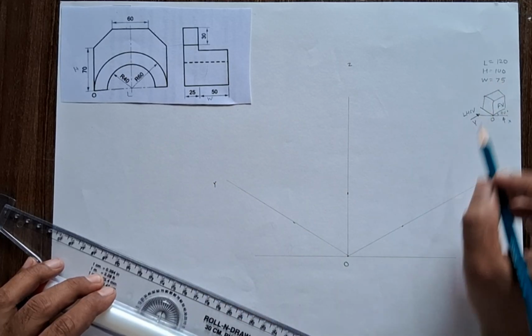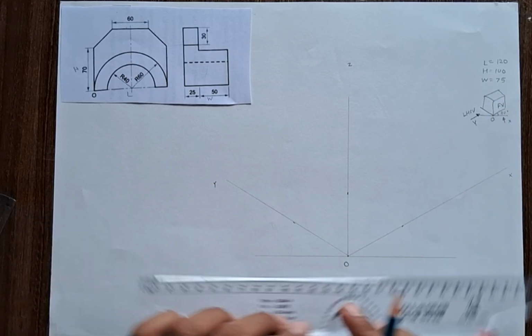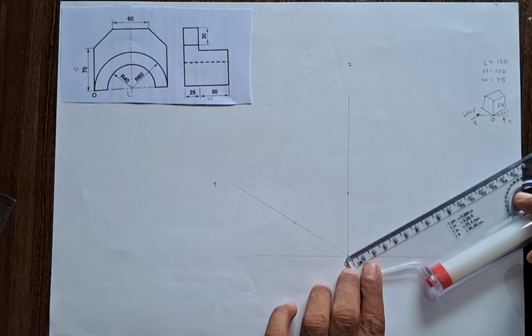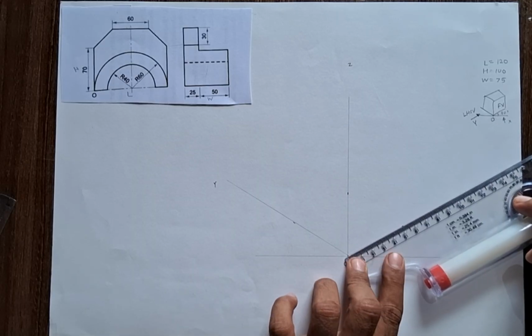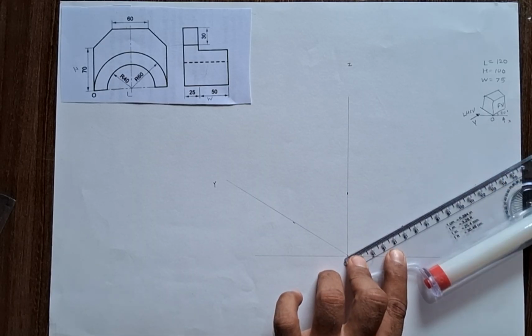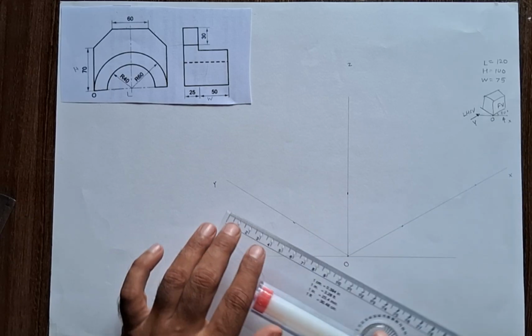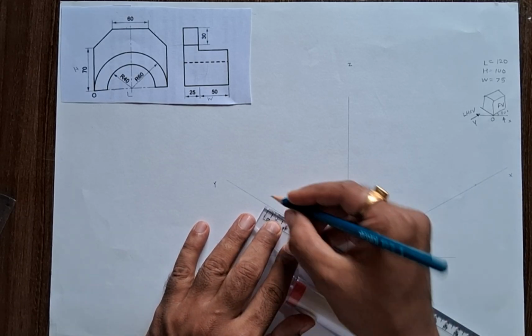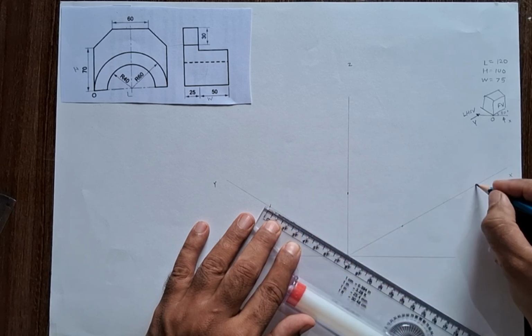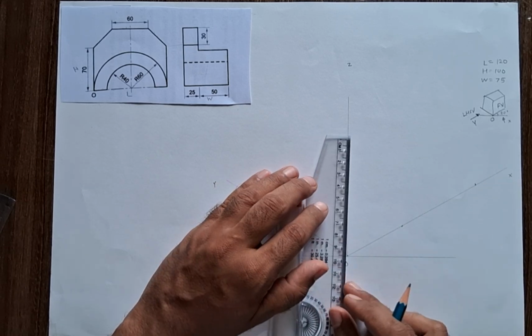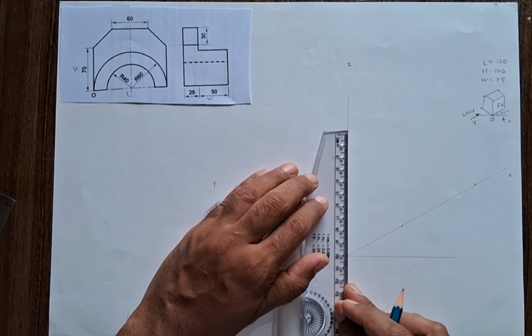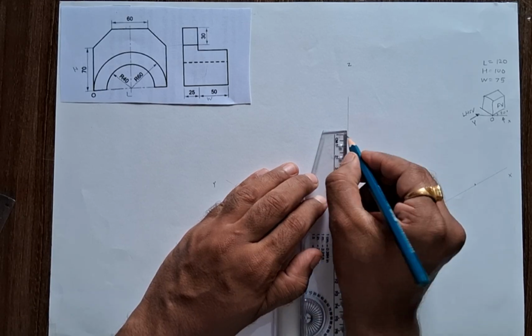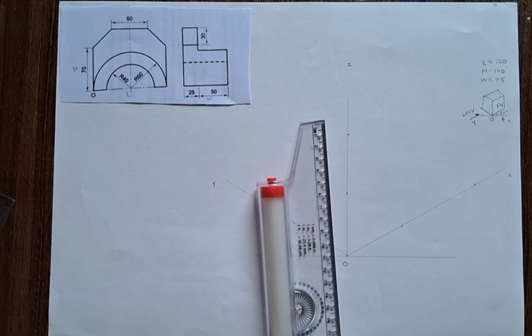Now we know that on the x-axis, length is there. So the length of the object is 120 mm, width is 75 mm, and height is 100 mm. Along the z-axis, mark the height.